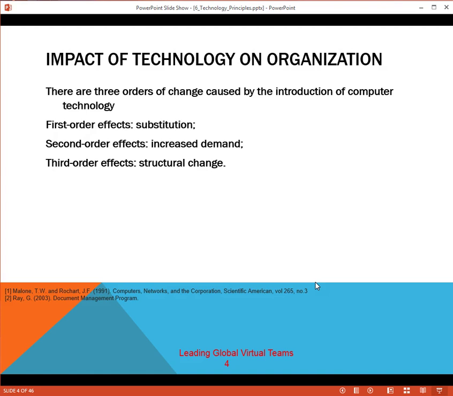The second order effect is increased demand. So the introduction of the electronic document management system technology and the substitution of the automated process for a manual process in the case of procurement requests, in my example, began driving second order effects by increasing demand from our customers for further automated document processing.